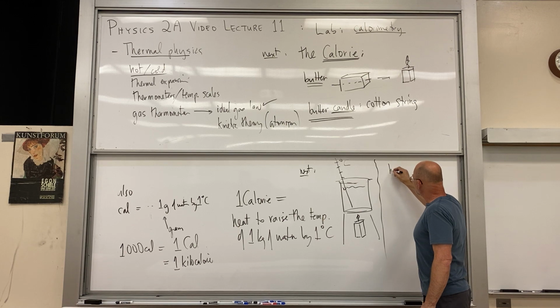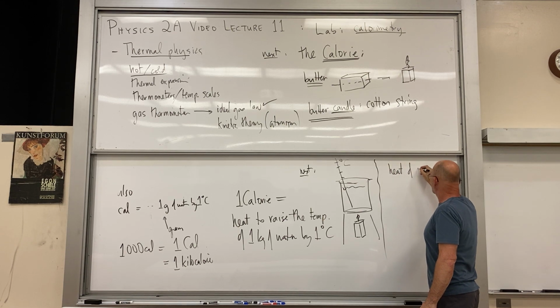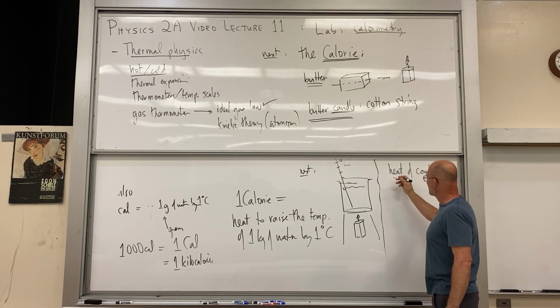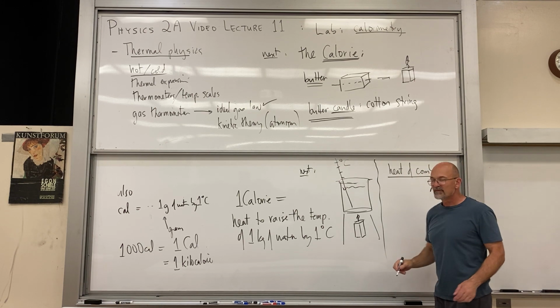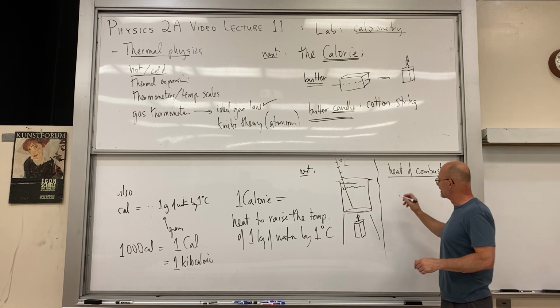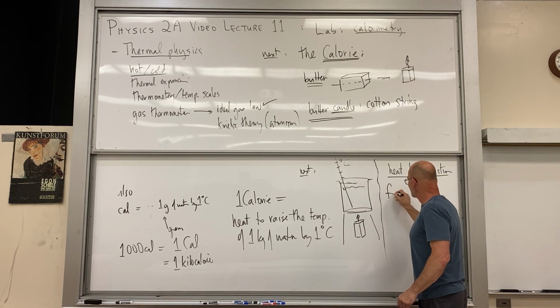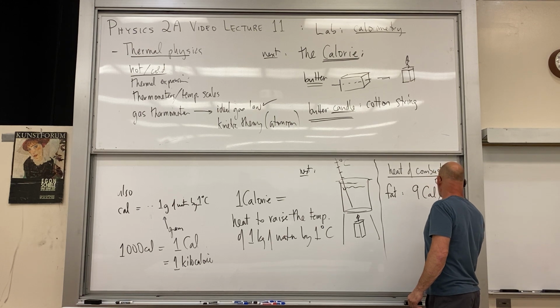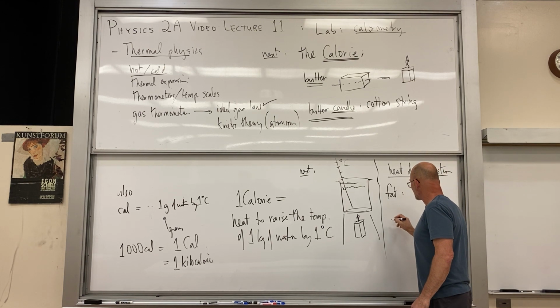Heat of combustion. You could find a whole table of these, but often on our food labels they even say something like this: fat has 9 calories per gram. What else do they have?